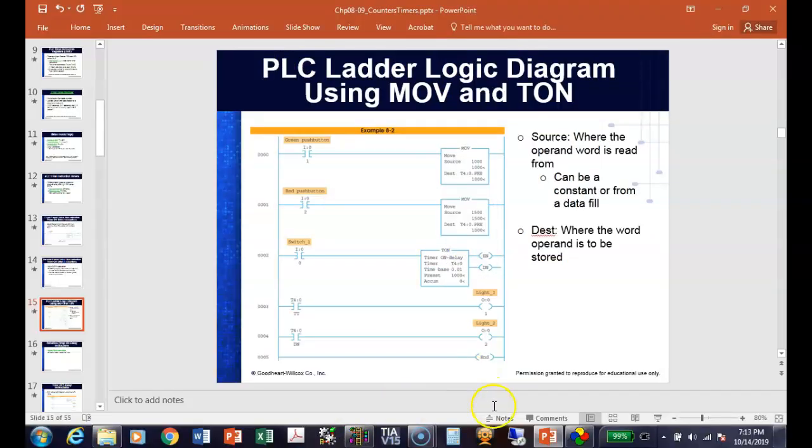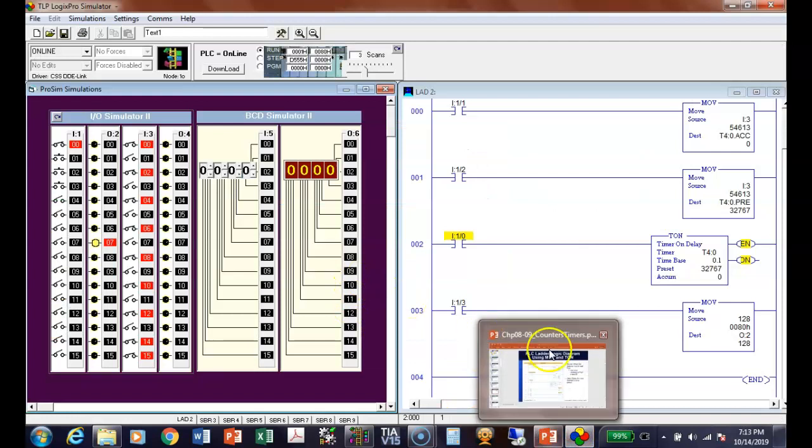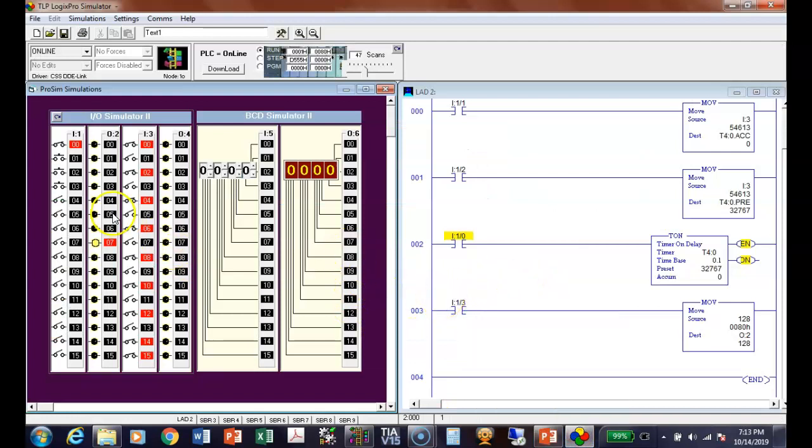So on this timer, if we go back to here, I'm going to come up here and switch this. Let's put something in there. 128 is pretty good. So I'm going to load the preset register with 128, which is shown as 8 in hex. And then I'm going to start the timer.